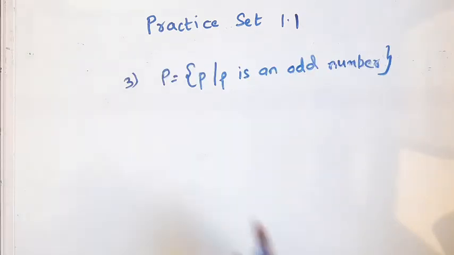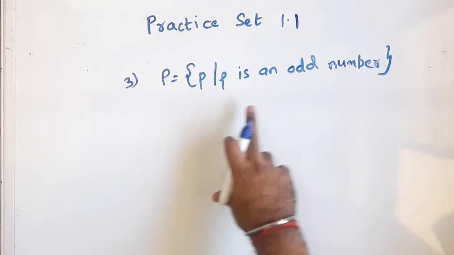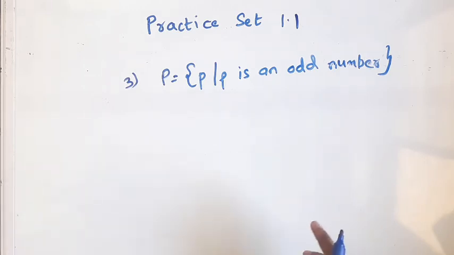Now this set is given in set builder form, also called rule form. Now how to read this?